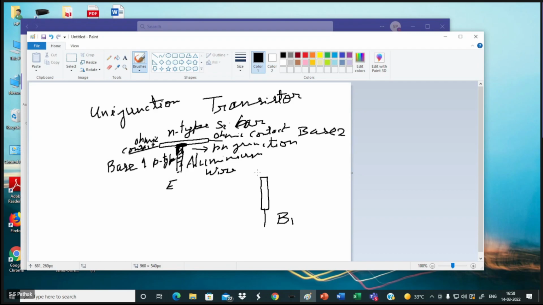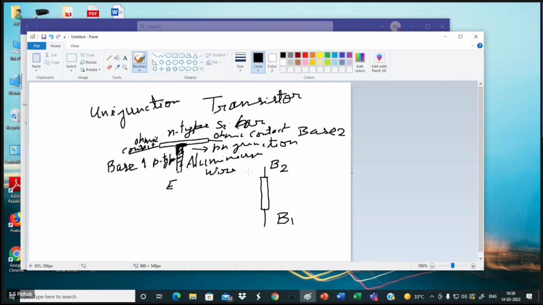So this B1 will be connected to the common point or earth, your ground, for the device, and base B2 will be kept here for the bias case. So B1 and B2 will be going there. Below means it's going to the ground, here it means going to the supply.